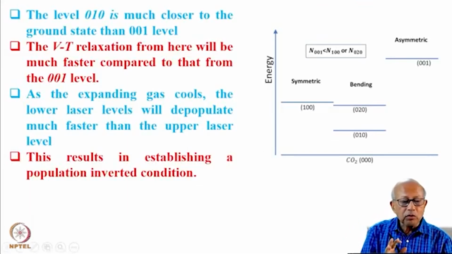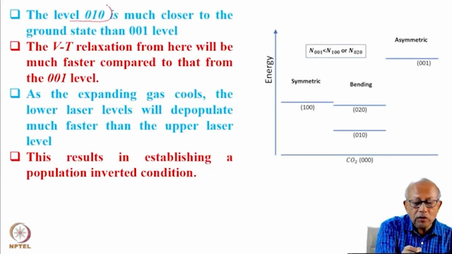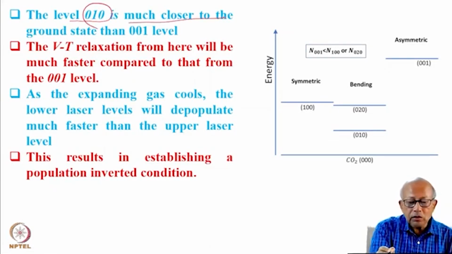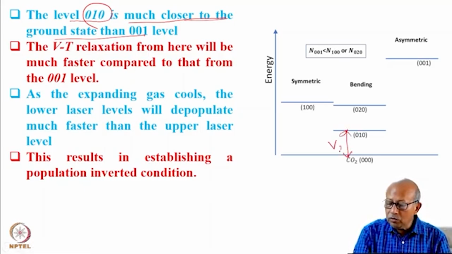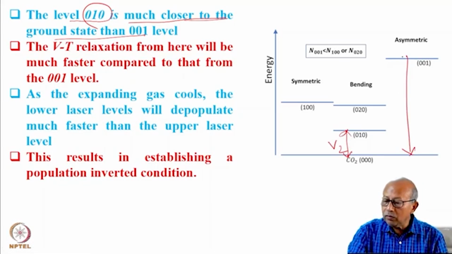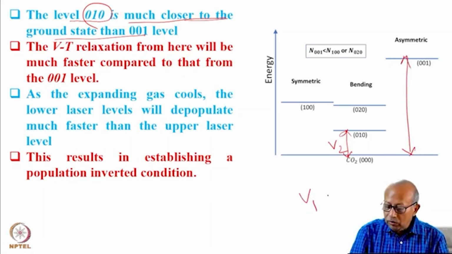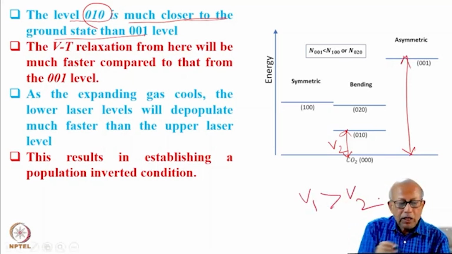It leads to the possibility that the level 010 is much closer to the ground state than 001. This is V2, this is V1. So V1 is more than V2. So that's what it says.